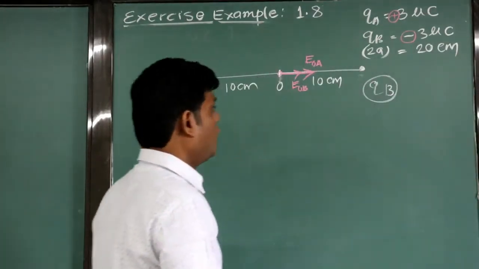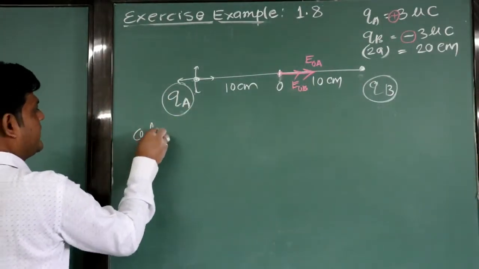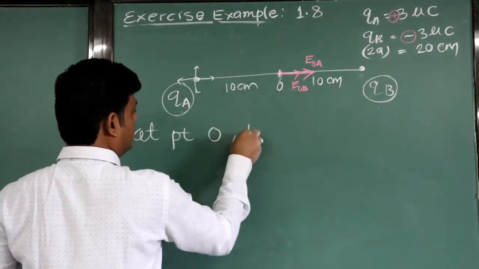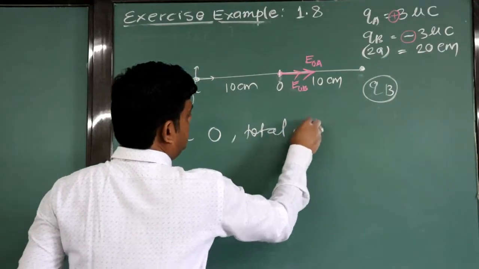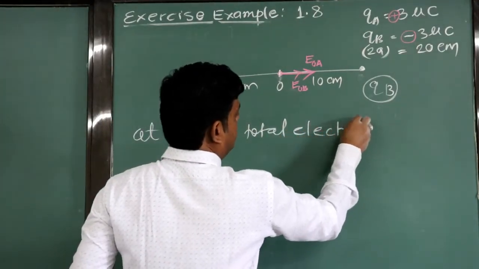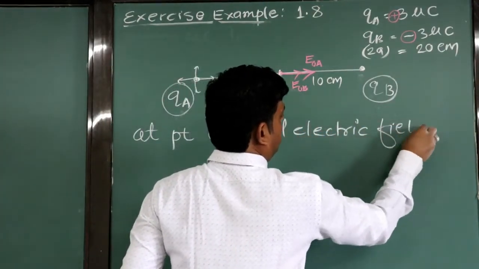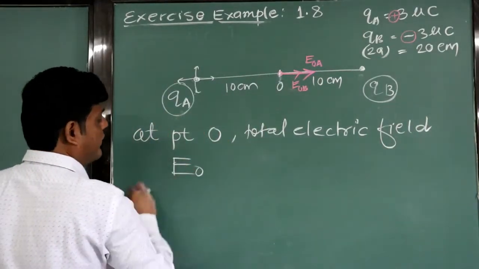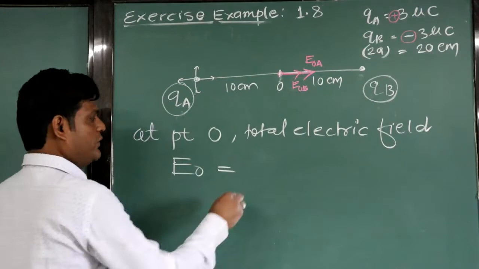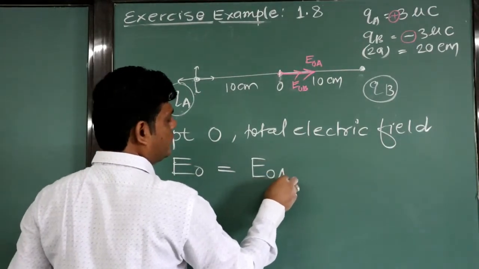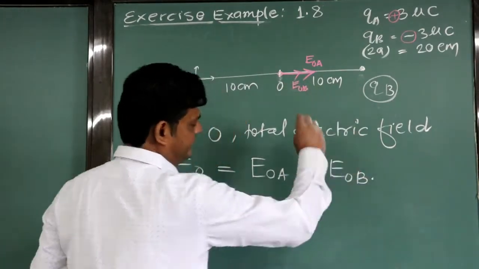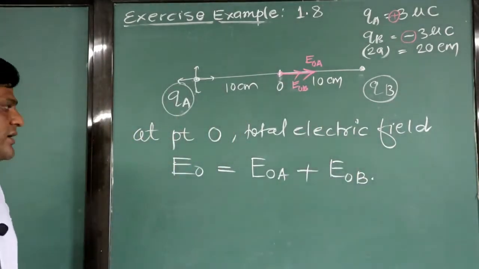So at point O, the total electric field is the electric field at point O due to A plus the electric field at O due to B. Right?